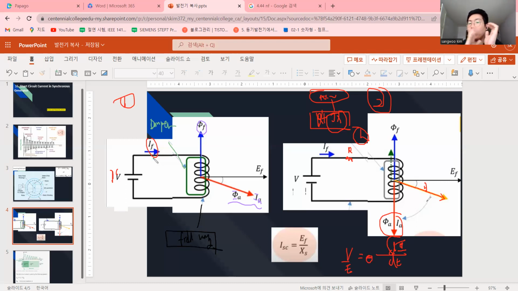For example, from 20 degrees it suddenly becomes 90 degrees. The values changed, right? So if the flux changes as time goes by, what happened?